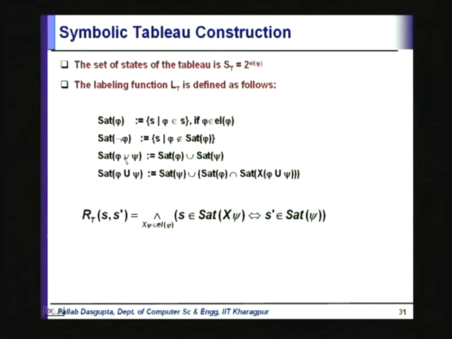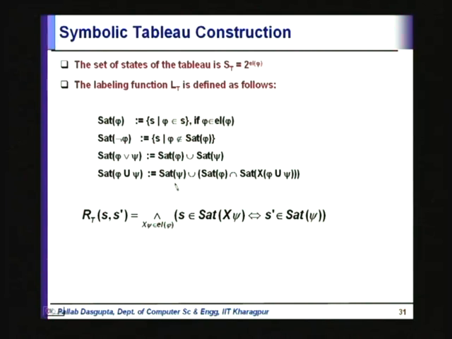SAT of var phi or psi is SAT var phi union SAT of psi, and SAT of var phi until psi is SAT of psi union SAT of var phi intersect SAT of X var phi until psi.